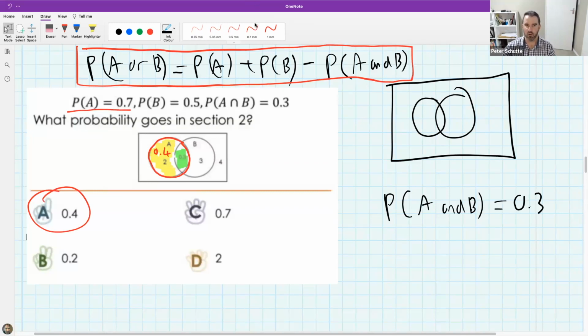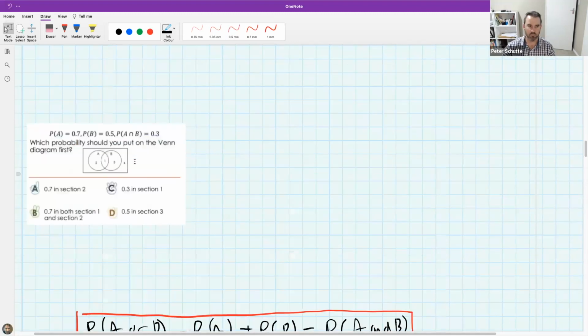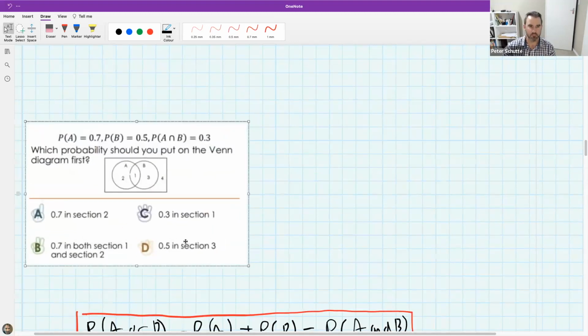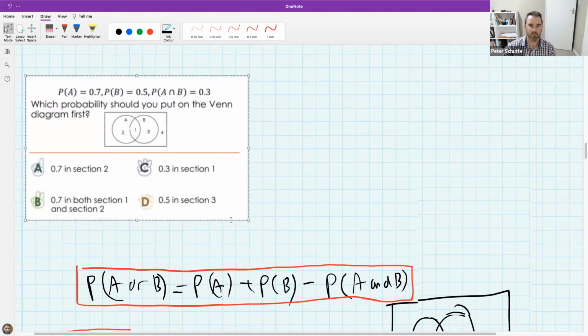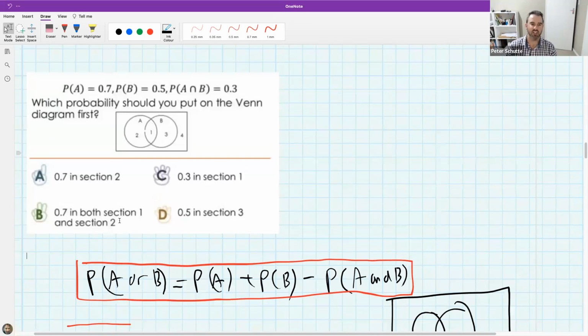Are there any questions or comments about that one? Okay, well then let's do another one just to see that you're not foxed by this. So this is actually just a more general question. Which probability should you put on the Venn diagram first?